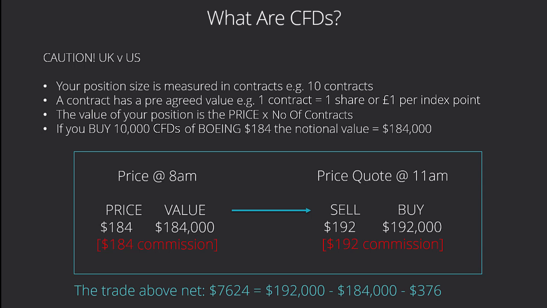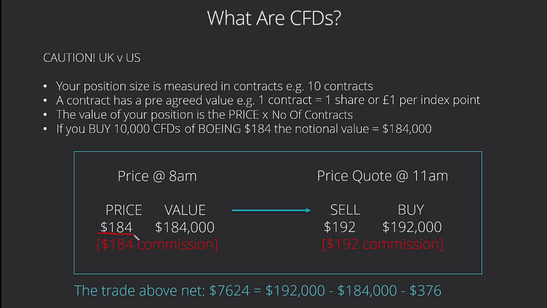Obviously, it's an order of magnitude of 10 out. The astute amongst you will notice that straight away, but if you don't, this is how you'll realize, oh, actually, I am in a different league of exposure here. 10,000 CFDs of Boeing at 184 has a notional value of $184,000. Let's look at the example we just did, exactly the same thing but with the dollar price.